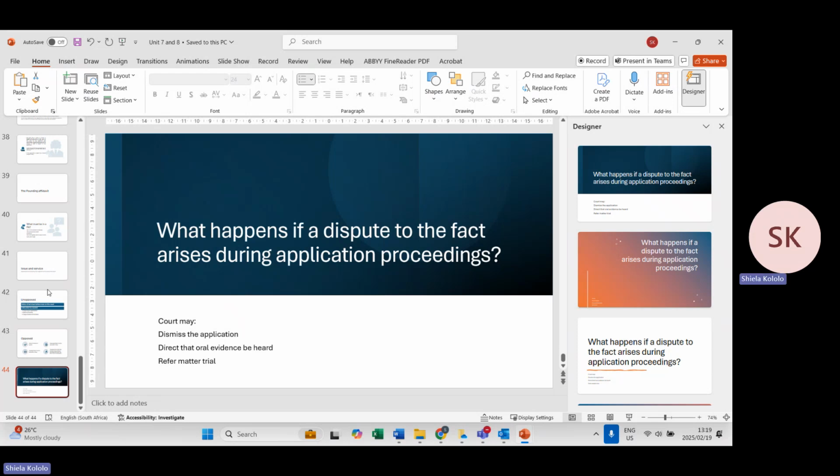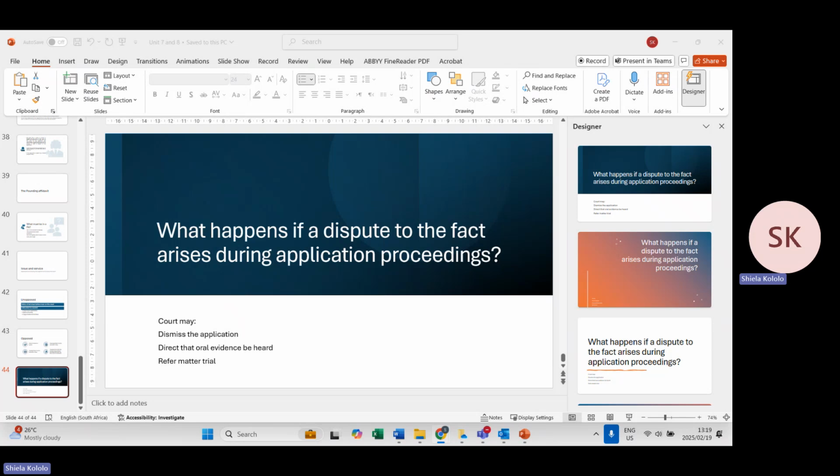So these are the three things that if a dispute arises and we are unable to decide the matter on paper, the court is either going to dismiss, direct that oral evidence be heard, or refer the matter to trial. So that's it for your application.